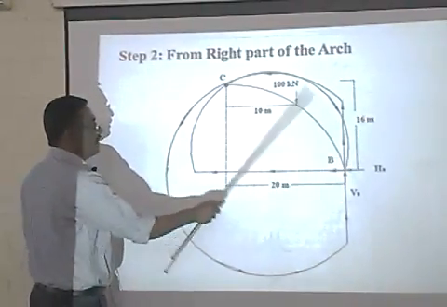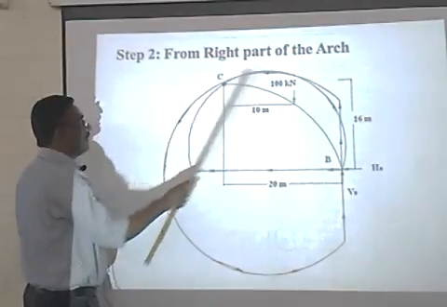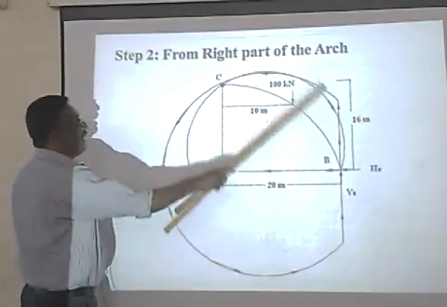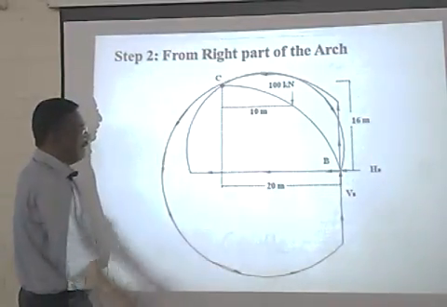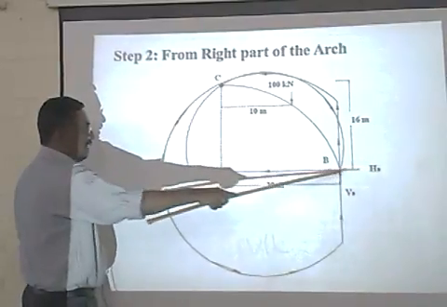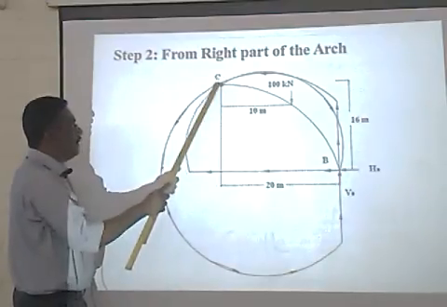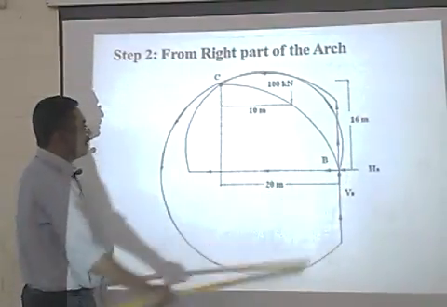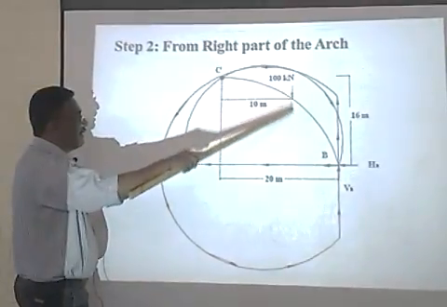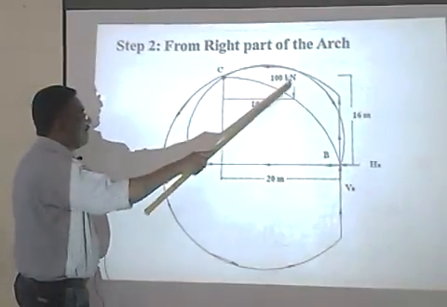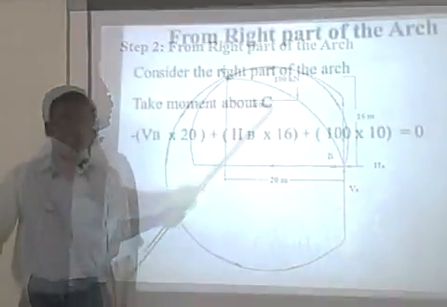The vertical reaction makes an anti-clockwise rotation with respect to the crown, so its moment is negative. The horizontal reaction makes a clockwise rotation, so its moment is positive. The downward load of 100 kilonewton also makes a clockwise rotation.